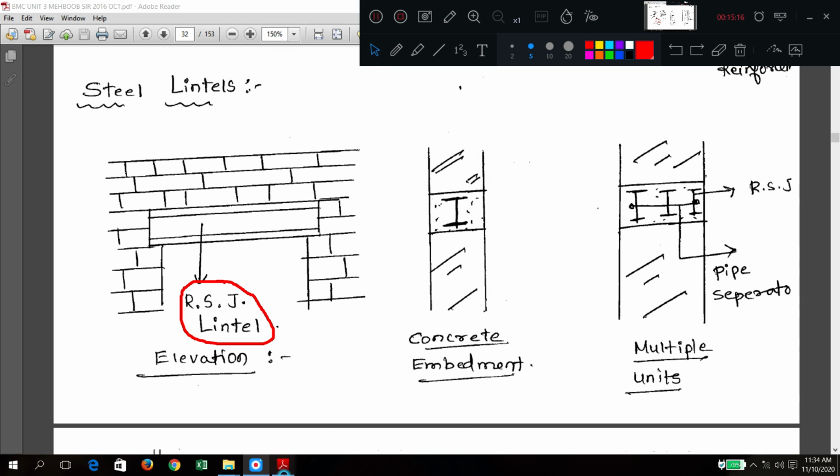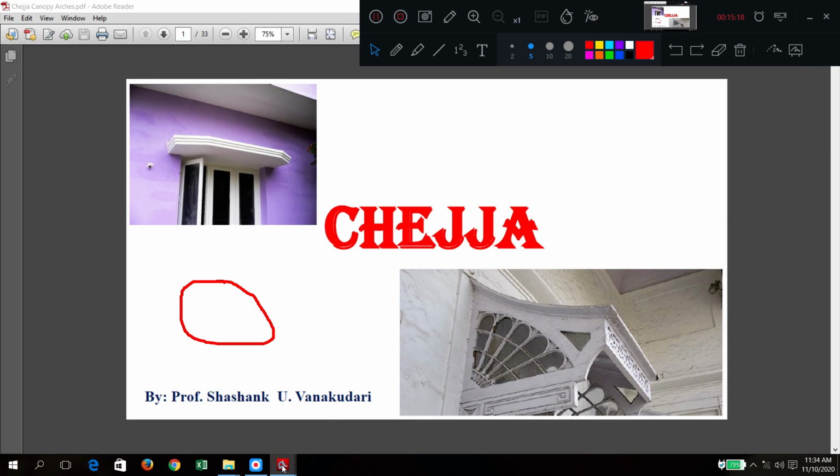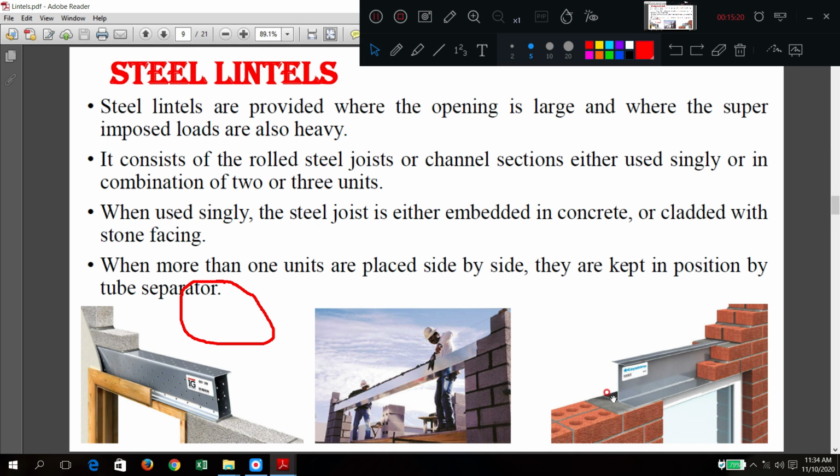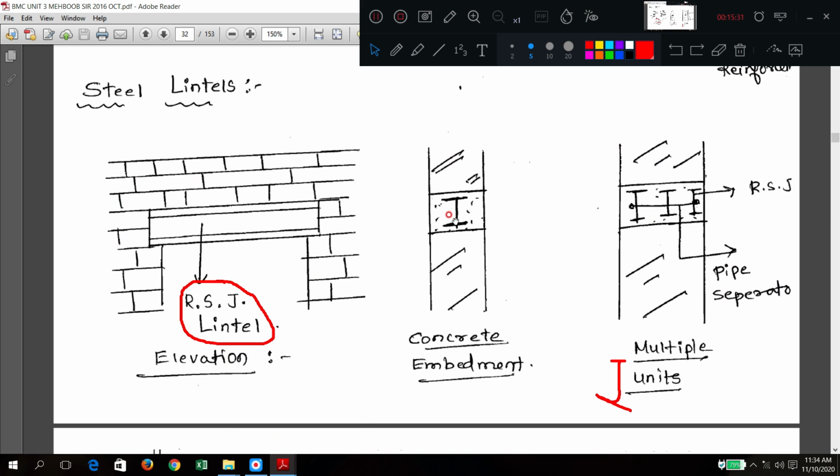The previous one we have seen like this. It is appearing as I. Yes, from this side, it is appearing as I. So the same thing in the diagrammatic representation appears like this. So on either side, it is concreted, but in that photograph, brickwork is shown. That's all. If it is done fully concrete, no problem.